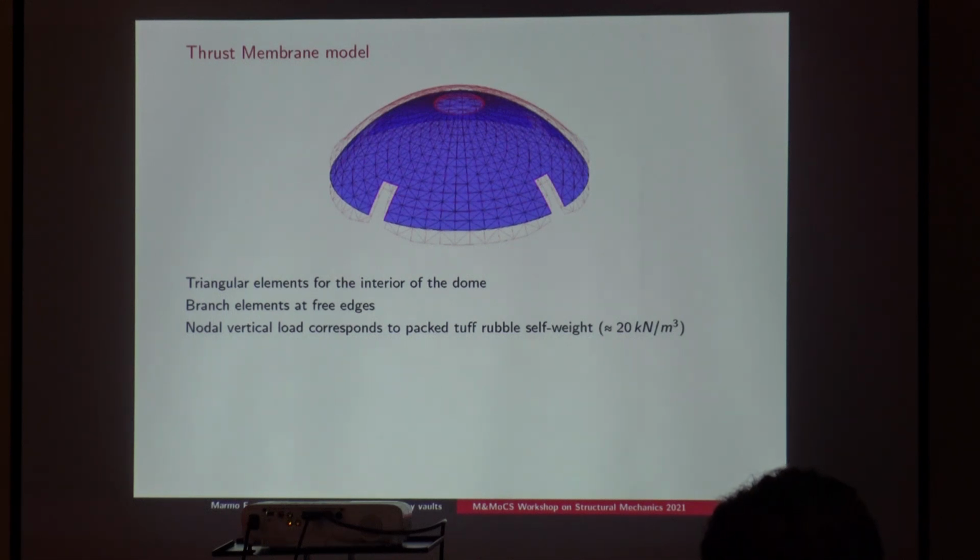Not in this case because symmetry is governing the problem here, but in more complex geometries I can have slightly different solutions. This happens, for example, in cross vaults like these ones, because here you are expecting that each part of the vault is working as an arch in this direction, right?